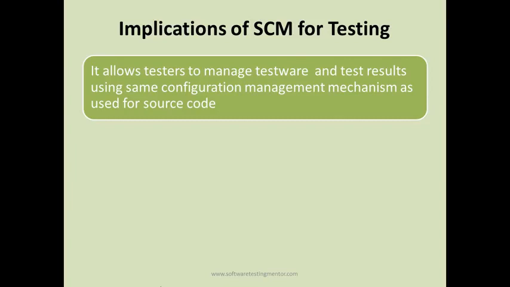Testers can use the same mechanism to manage their testware, the automation code that they have, and the other testware or test documents in the team, for example test plans, test strategy, test cases, etc. So they can use the same concept for managing their testware.